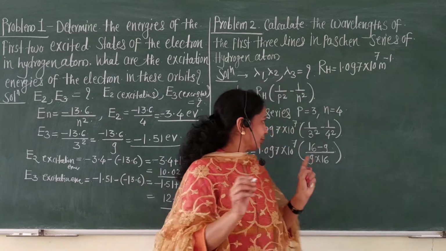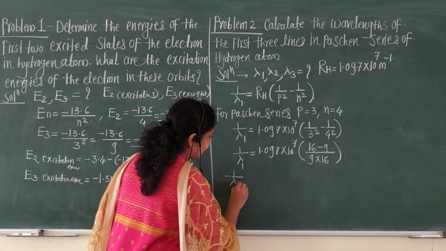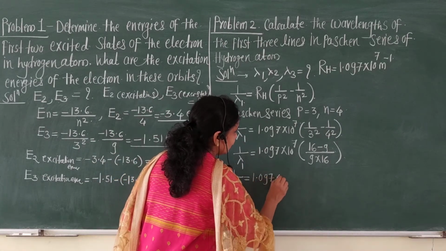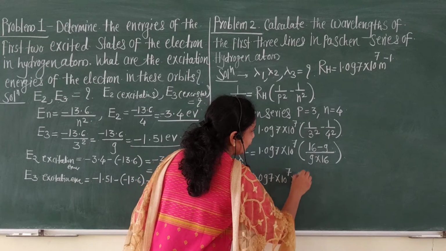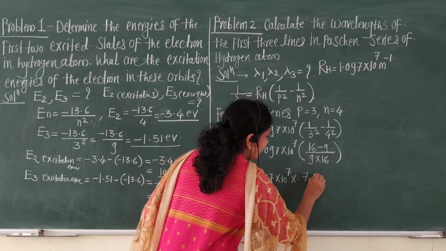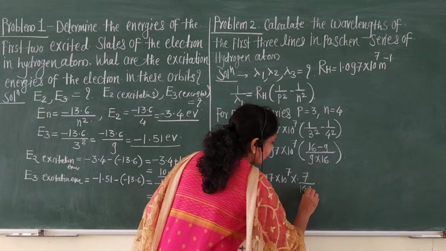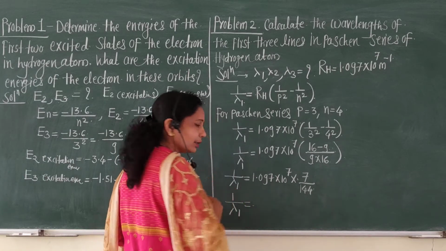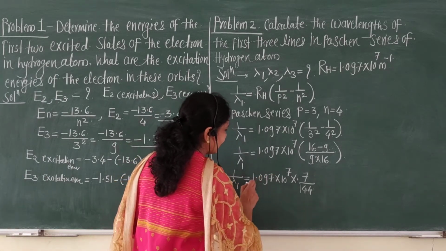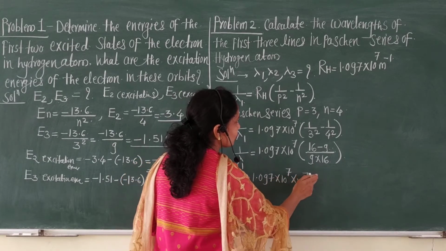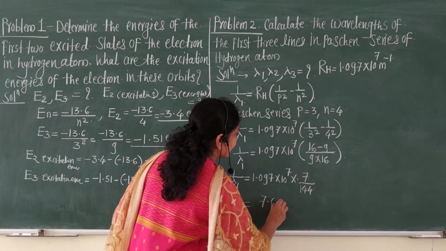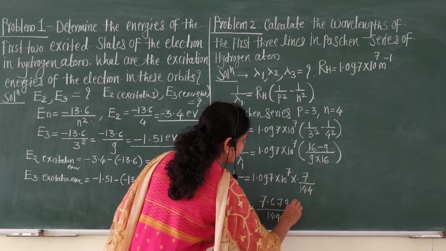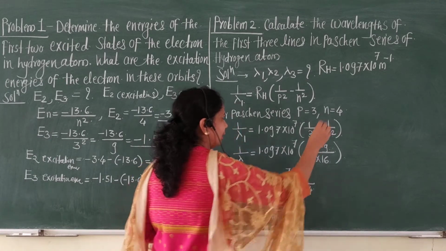Therefore, 1 upon lambda 1 is equal to 1.097 into 10 raised to 7 into 7 upon 144. Multiplying 1.097 into 7 gives 7.679 upon 144, into 10 raised to 7.